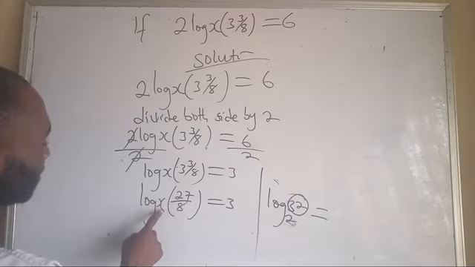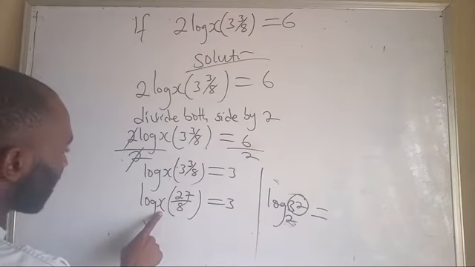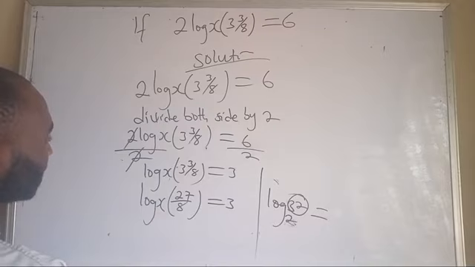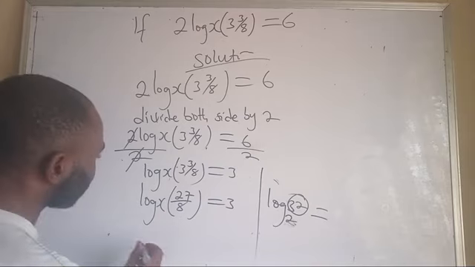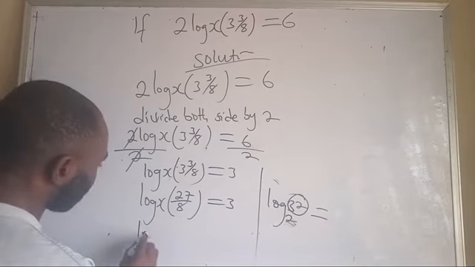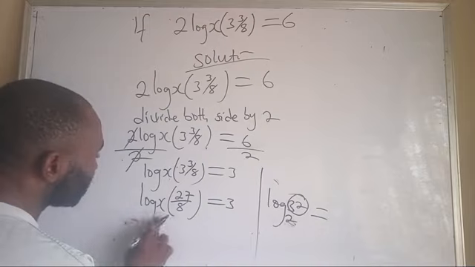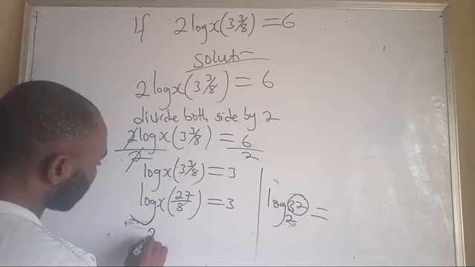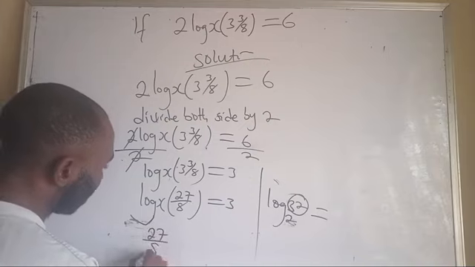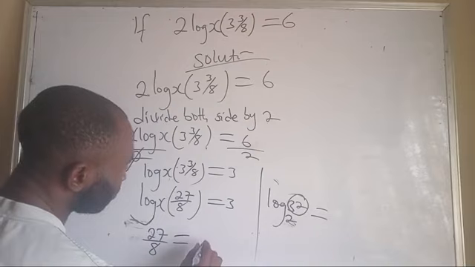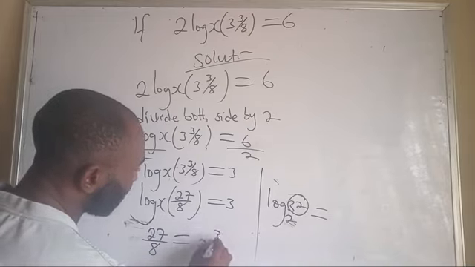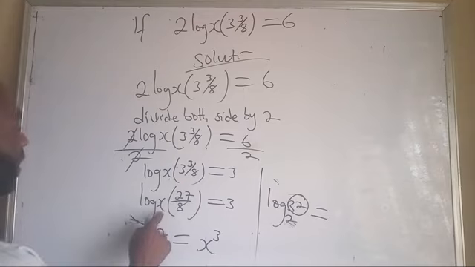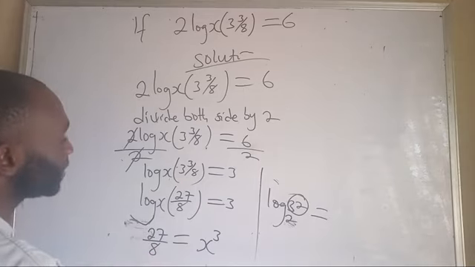The same thing, since we have base x here, which means when we want to remove this log, we now say that 27 all over 8 is equal to x raised to the power of 3, because x here is the base.